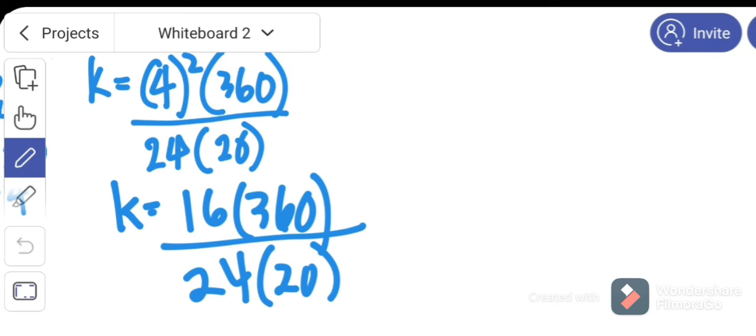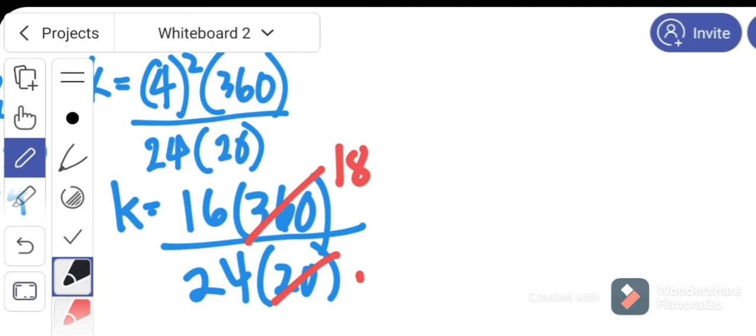Okay, so 360 divided by 20 is 18. Next, 16 and 24 are both divisible by 4. 16 divided by 4 is 4, and 24 divided by 4 is 6.